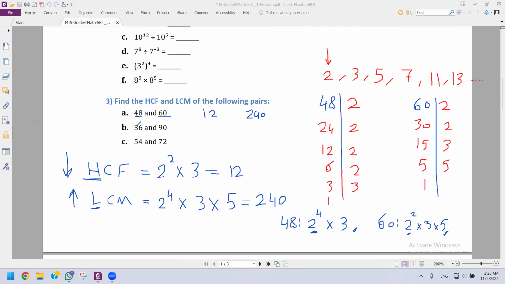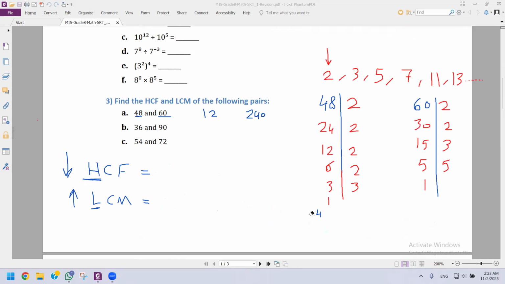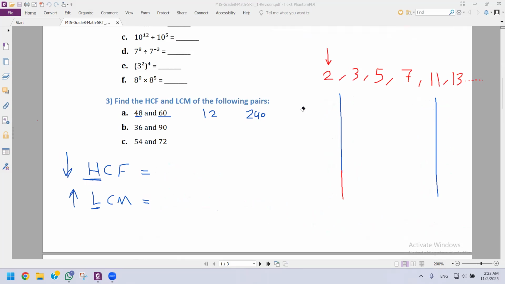Okay, now let's do 36 and 90. So let's follow the same steps. First, what do I have to do? I have to find the prime factors of 36.